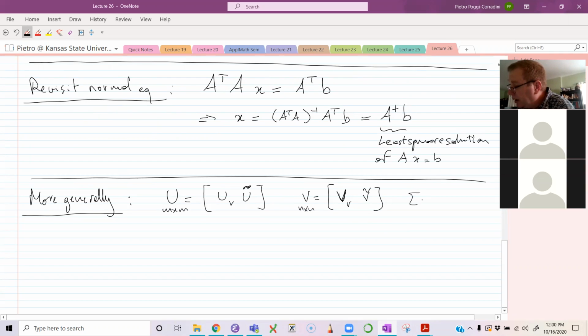And then sigma will have a block, sigma_R block, and then some zero blocks. And this will retain the shape.